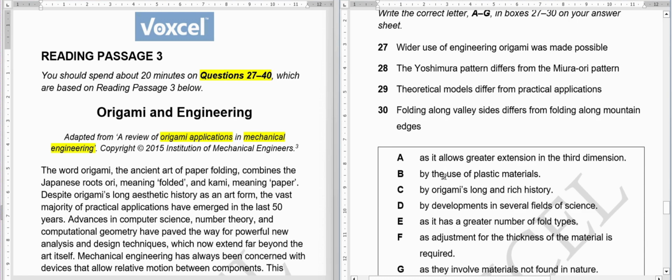The option that you select should not only be correct, but it should also be grammatically correct. For example, for 27, if you think B is the answer, B should also be grammatically correct according to this particular sentence. It should not mean something else, and the grammar should be appropriate.